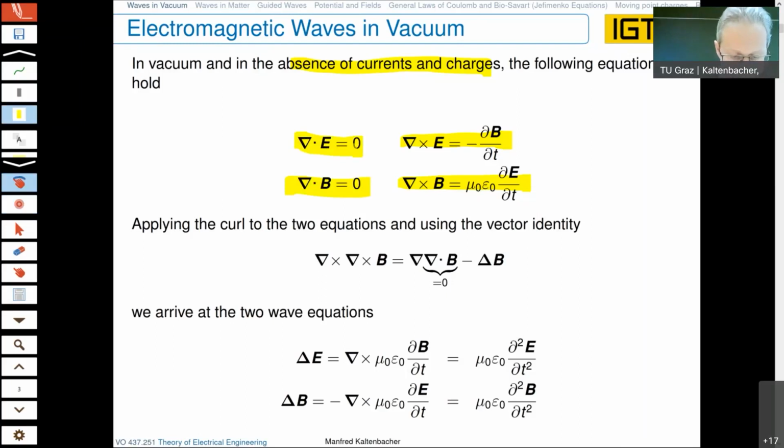Okay, furthermore, what we will use here is this vector identity when you have the curl of a vector field, which means we will here apply this to these two equations.